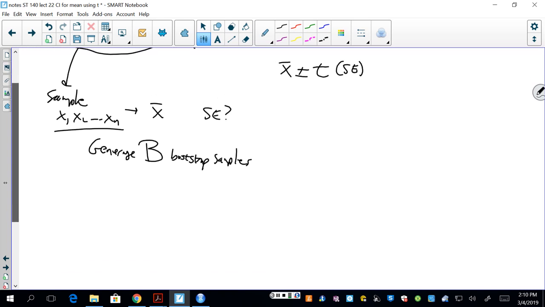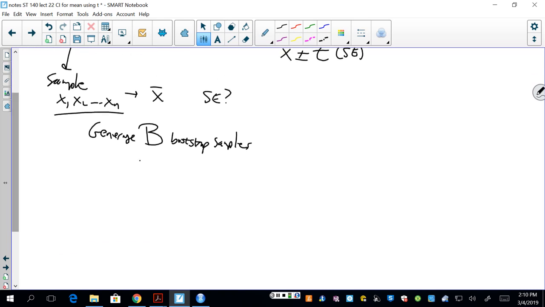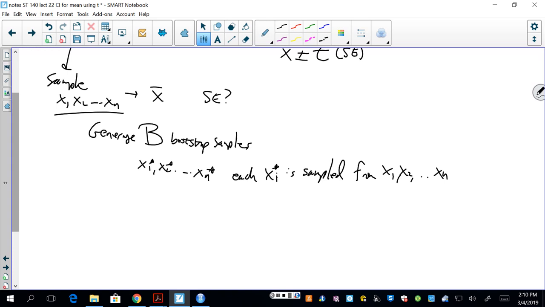Each bootstrap sample is going to generate x1 star, x2 star, up to xn star, one for each observation. Each xi star is sampled from our x1, x2, up to xn with replacement, so you could repeat values, you can leave some values out, you can get some slight differences there.